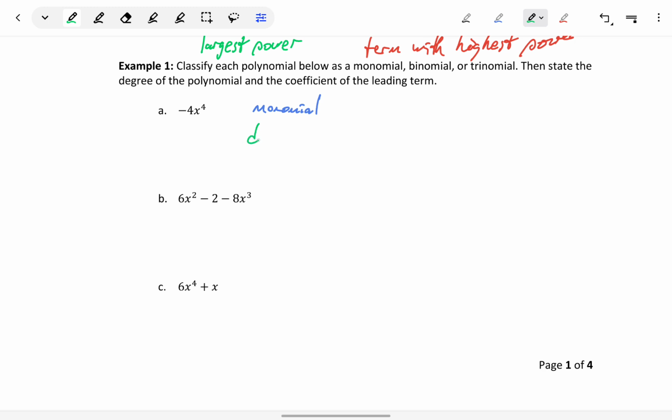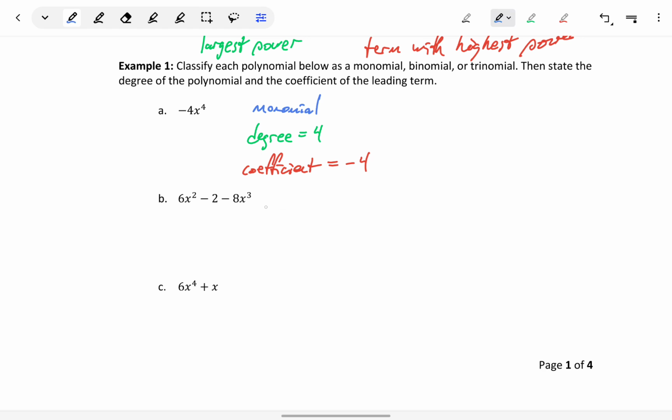We can see that this polynomial has a degree of 4, since the largest power is 4, we only have one exponent. And then the coefficient of the leading term, in this case, would be negative 4. Since we only have one term, that coefficient of negative 4 is our only option.